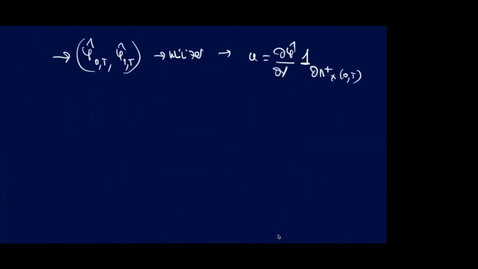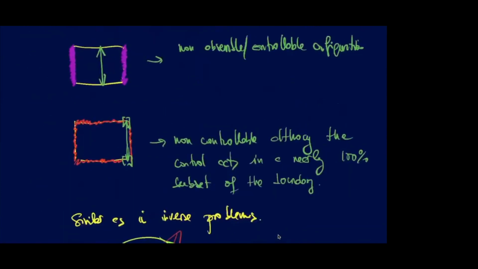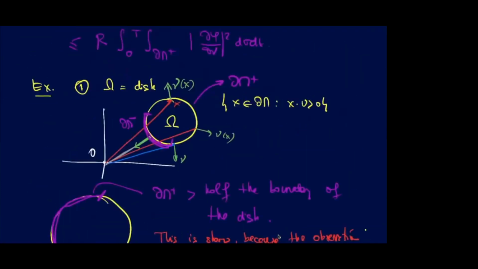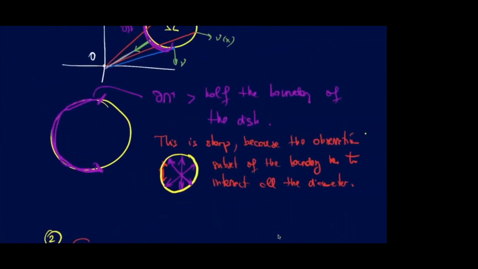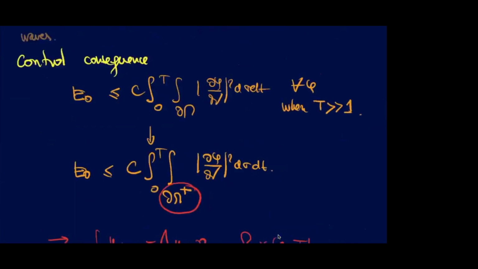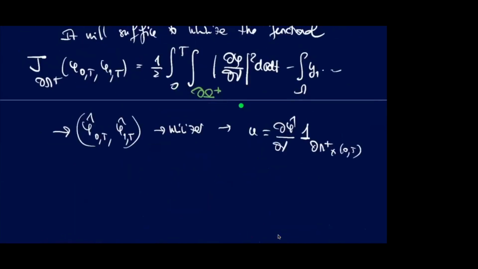Then you can try to do the same with a subset of the boundary that is very small, like in here, where I was missing the observability inequality. What happens then? Well, be careful, because this functional is not coercive anymore. So you don't really know whether there will be a minimizer.